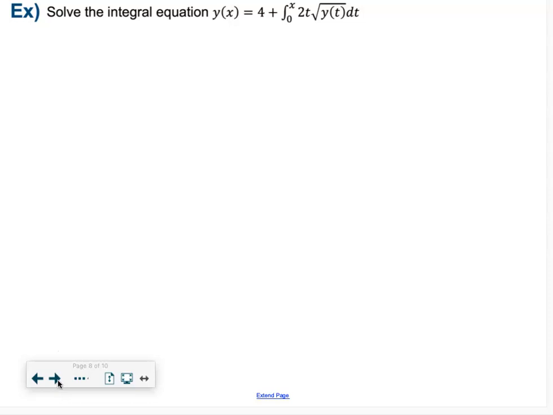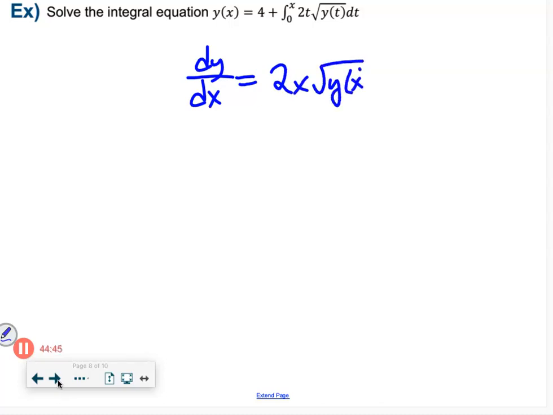We're going to do this in 5 seconds. This is all we're going to devote to this problem. The derivative of 4 is 0. Anyone remember the derivative of the integral from 0 to x of 2t root y? It's the fundamental theorem of calculus part 1. So just replace the t with an x.